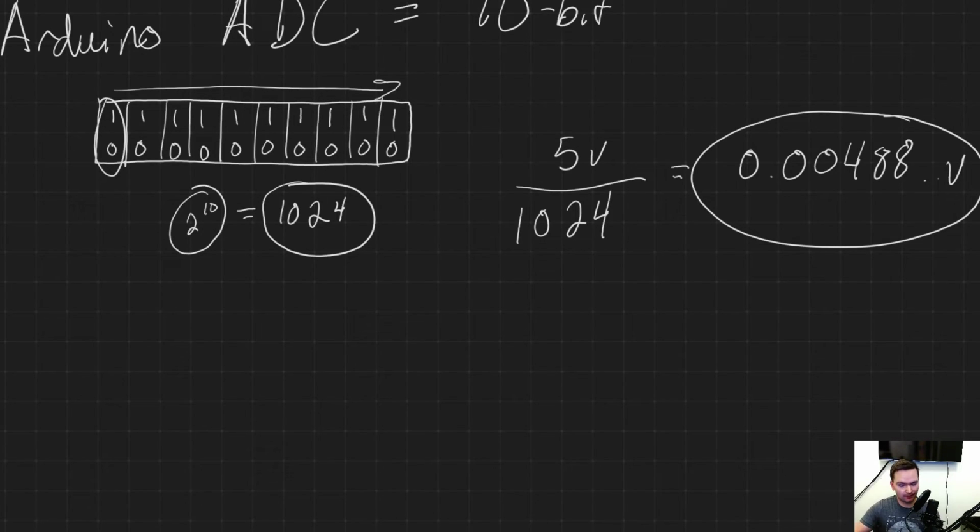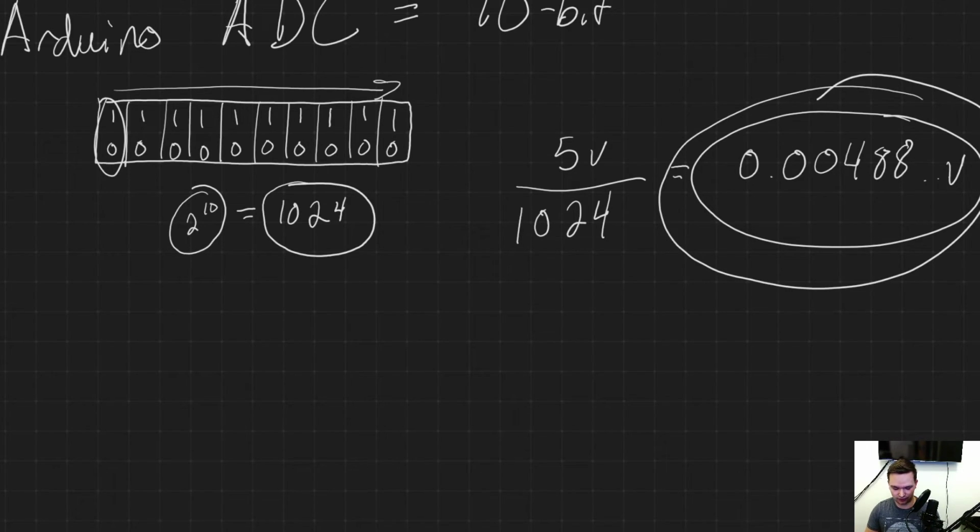And then we're going to get a lot more steps, and our steps are going to go down in size because maybe for every, I don't know, a millionth of a volt that we change, then we get one more step. Really don't need that kind of resolution here. But this is our analog to digital converter resolution. It's actually, this is our 10-bit resolution.